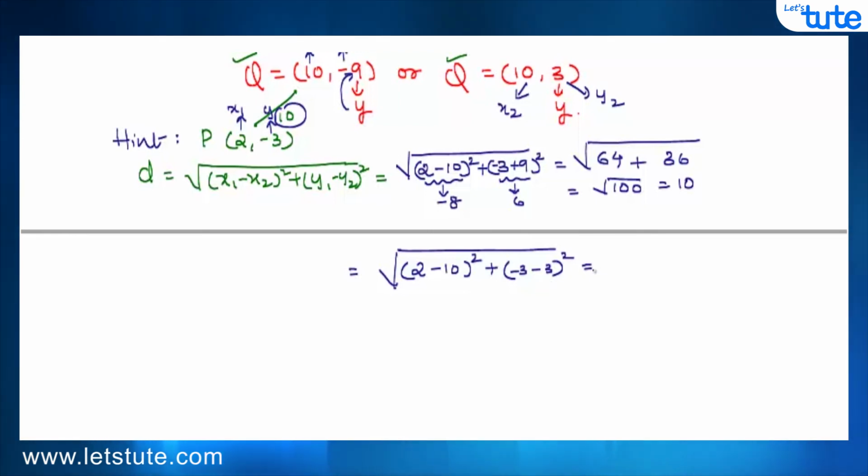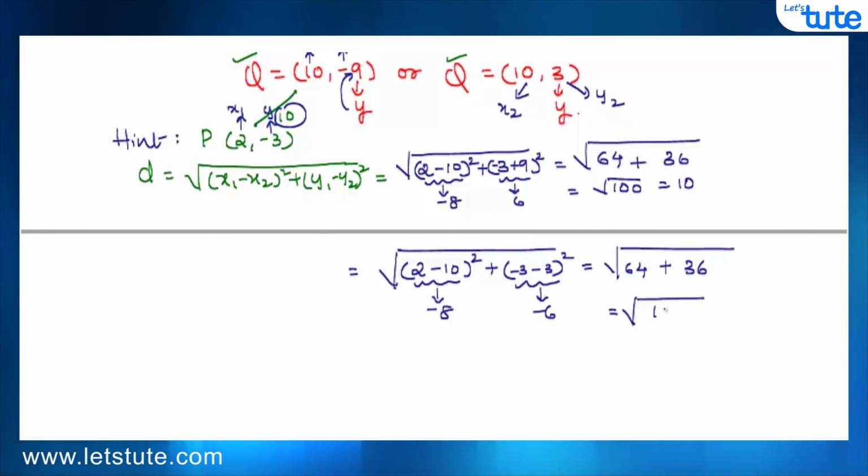So this will be 2 minus 10, it will be minus 8. So minus 8 squared will be 64, plus minus 3 minus 3, it will be minus 6. So minus 6 squared is again 36. So this will be 100, and this gives us 10. So absolutely, even this value of y is correct. So in this way, you can back check your answer. So this is the hint for this question.